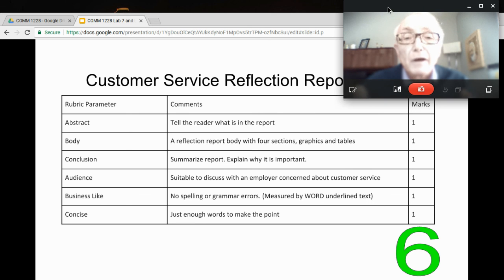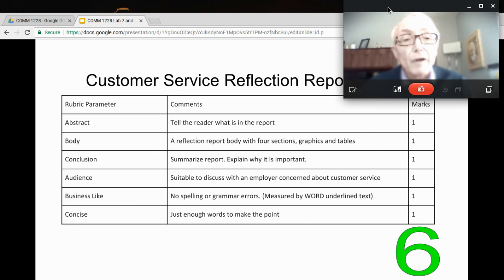We need to tell the reader what's in the report, in the abstract, and we need to summarize the report in the conclusion. The audience, business-like, concise are pretty much the same wherever you look. The body is going to change, of course. If it's a presentation, or if it's a cover email, or if it's a resume, or if it's a report, the body is going to change.